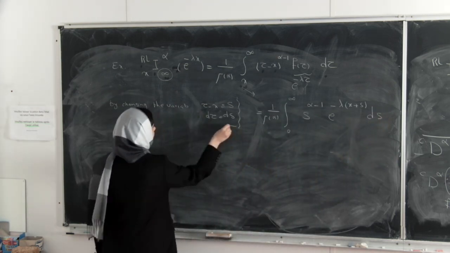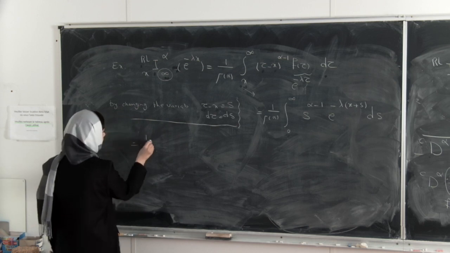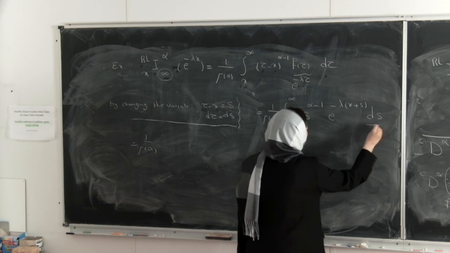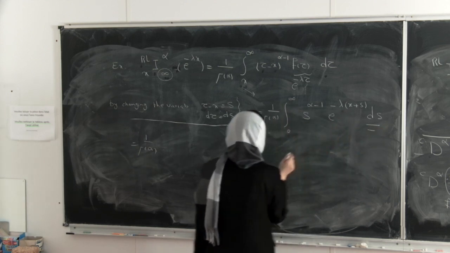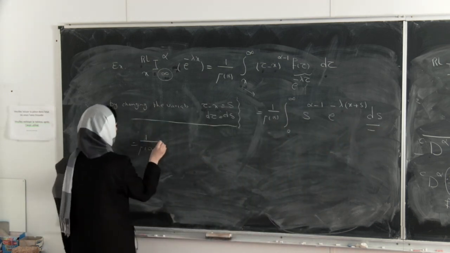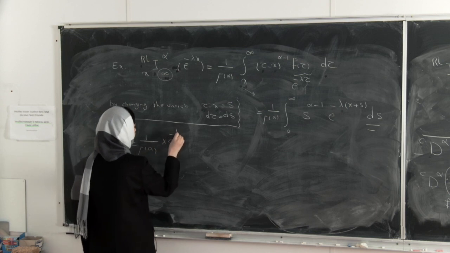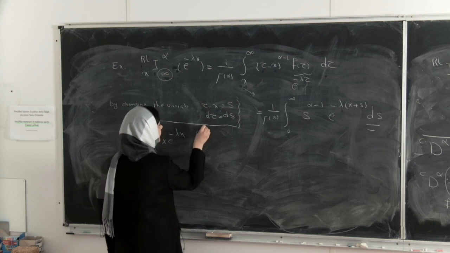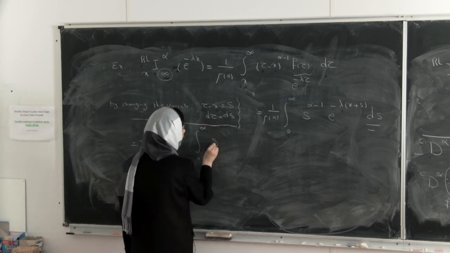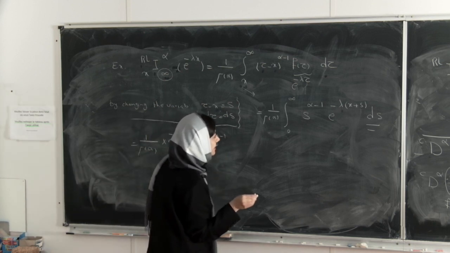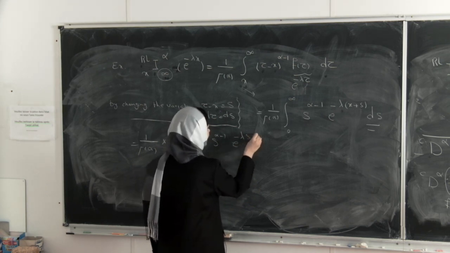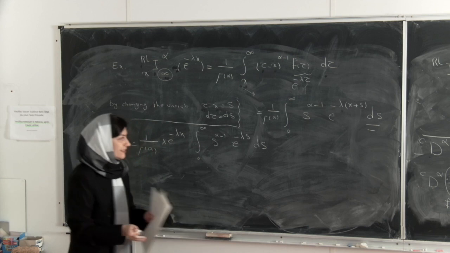And we can write it, we have here ds, so we can write e to the minus lambda x, integral 0 to infinity s to the alpha minus 1 e to the minus lambda s ds.